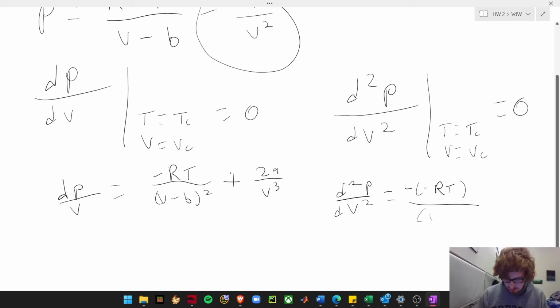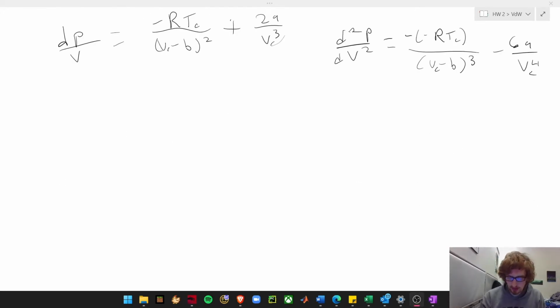And then V minus B cubed, and then this will become a minus again. And we'll have 6A over V to the fourth. And again, since we're dealing with a specific volume, the critical volume, we just wanted to note that this is at the critical volume and also at the critical temperature.